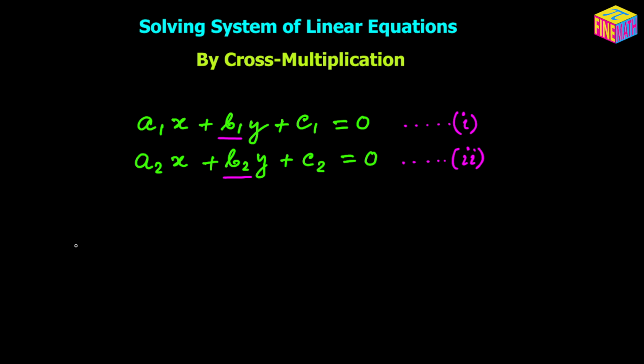If we multiply the first equation, I'm going to write down the operation right here: first equation multiplied by b sub 2.